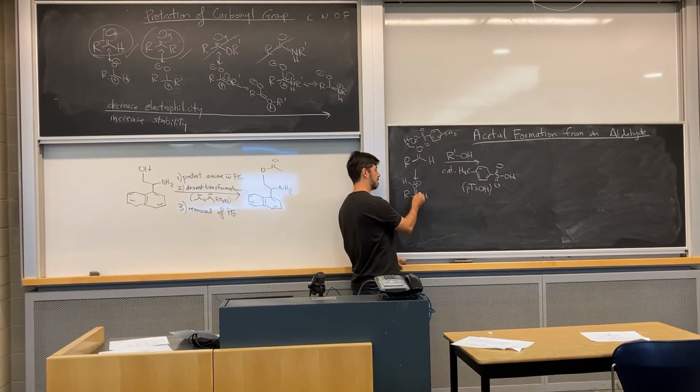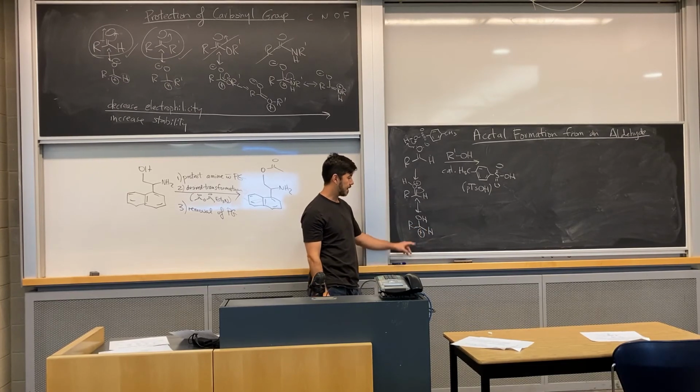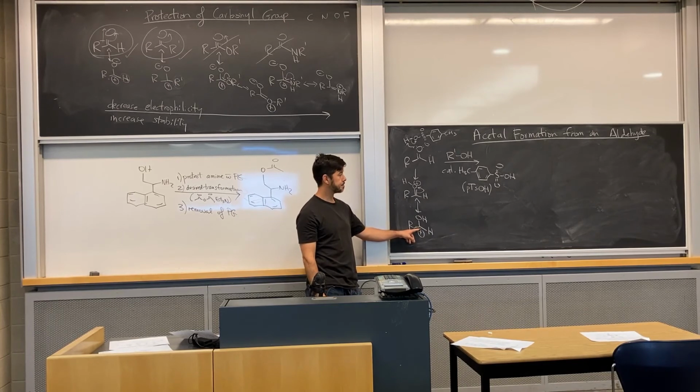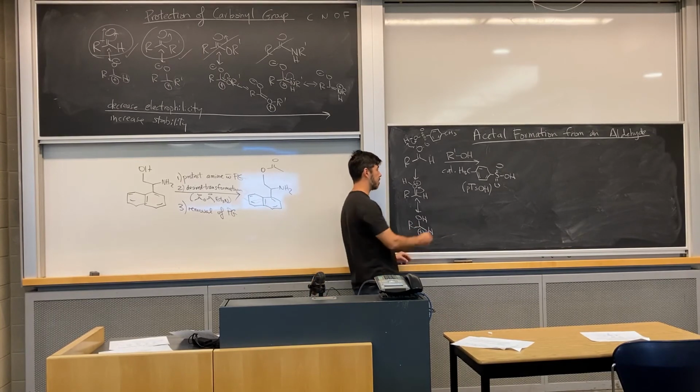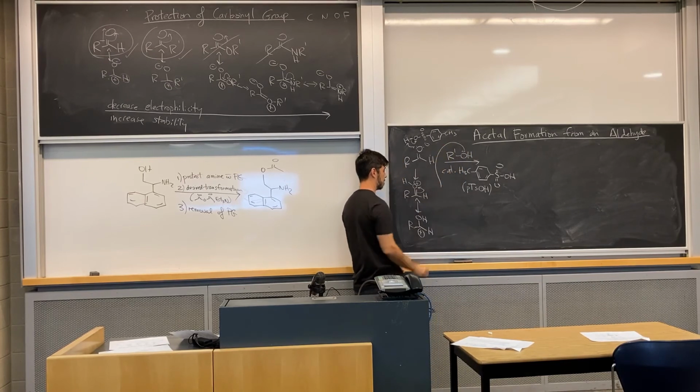I know this because if I draw that resonance structure like I've done previously up there, what you can see is that I now have a positive carbocation, as I've shown here. So that's your electrophilic center. So at this stage, your alcohol can come and attack the carbocation.